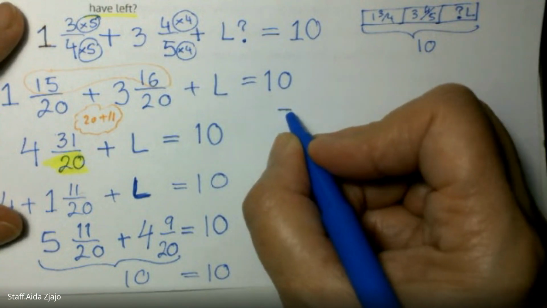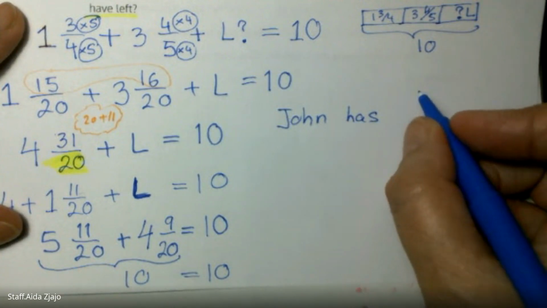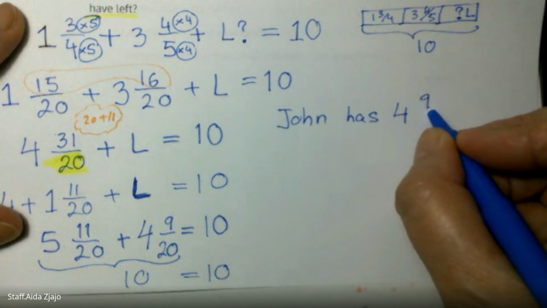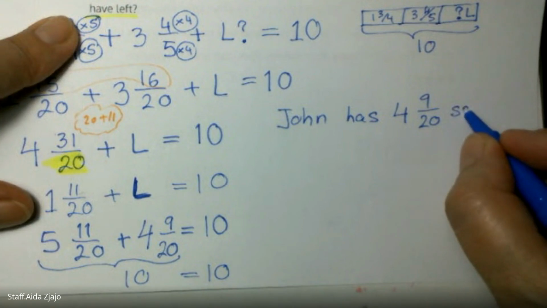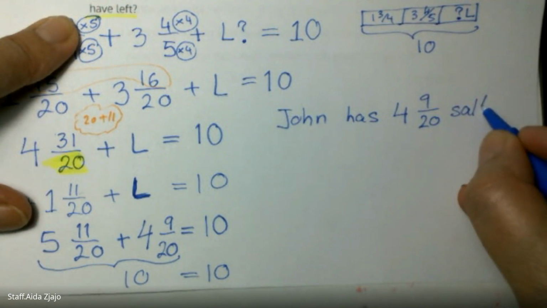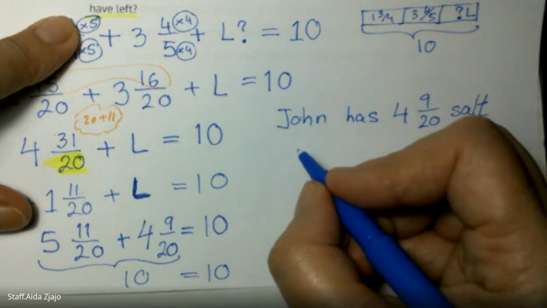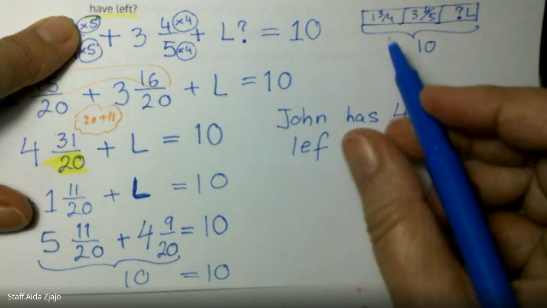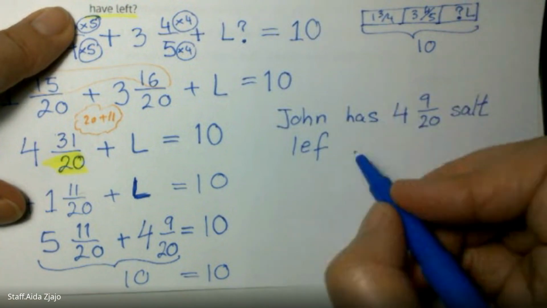John has 4 and 9/20 kilograms of salt left.